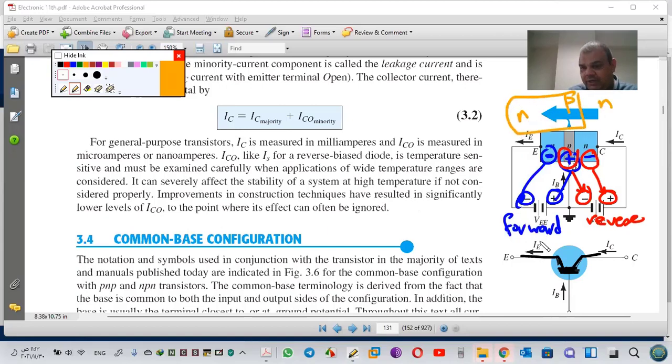E, B. The direction is to N. N, E, B. The arrow, or head of the arrow, indicates the N. So see this one, this is N, P, N. If you see the symbol, you have to know if it is P, N, P, or N, P, N, and you have to know also the direction of current, whether it is in or out. Any question about this one?